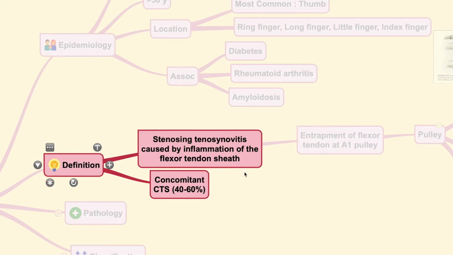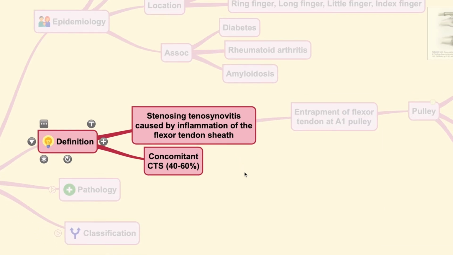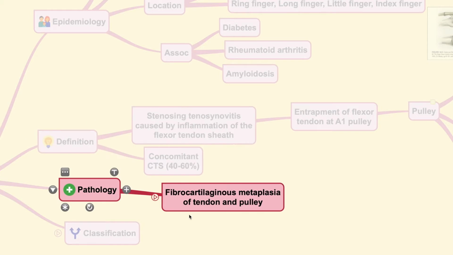So the sheath that envelopes the flexor tendon becomes inflamed, and in the pathology findings we may see metaplasia, which means that there is a change of one cell form into another, in this case changing into a fibrocartilaginous tissue, and the tissue that changes is the tissue of the tendon and the pulleys.